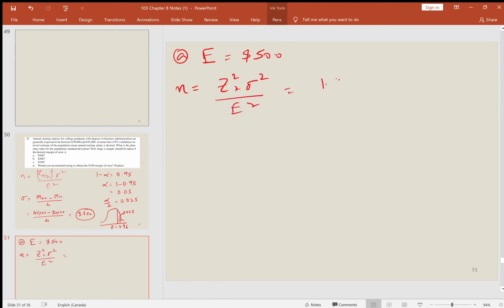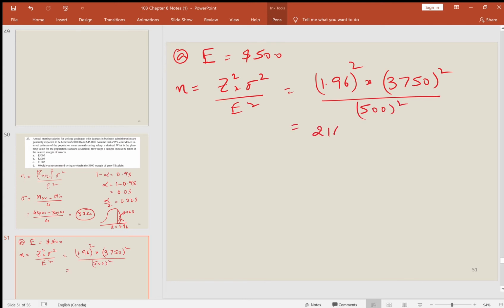Z is 1.96, so 1.96 squared times 3750 squared divided by 500 squared, and this comes to 216.09, and as a conservative estimate we just round up and we'll say the desired sample size is 217.